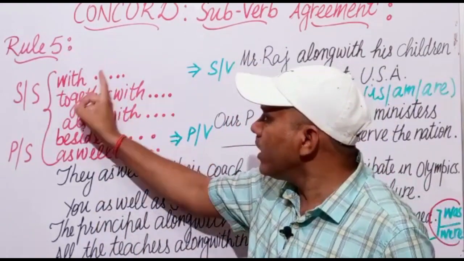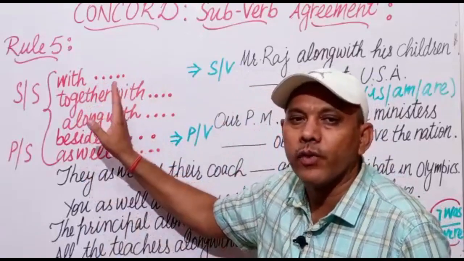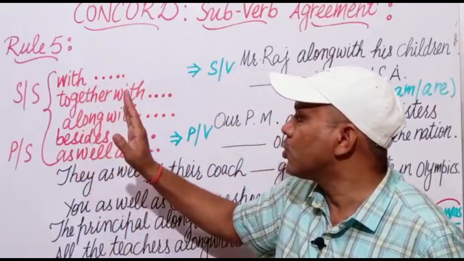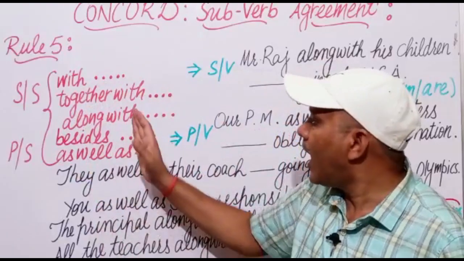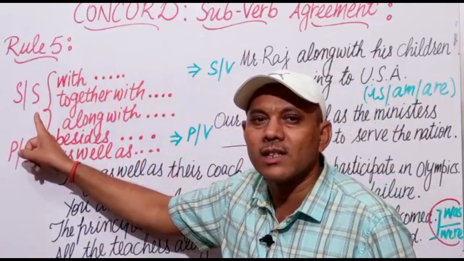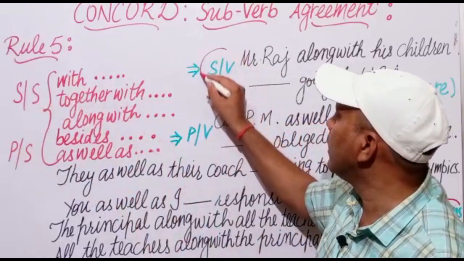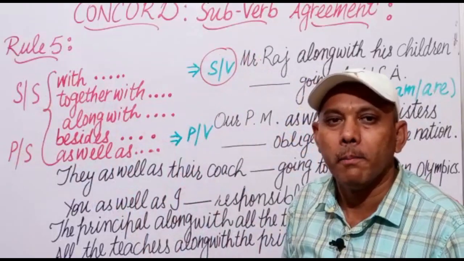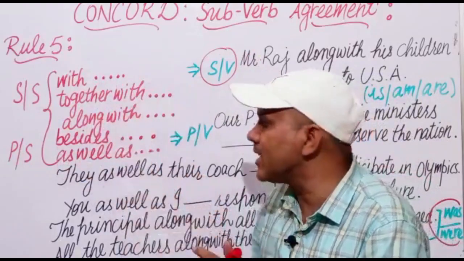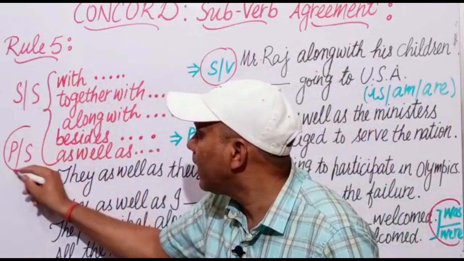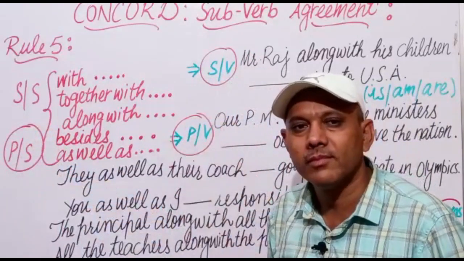In rule number 5, if these phrases with, along with, together with, besides, as well as are preceded by a singular subject in a sentence, use a singular verb. But if the same phrases are preceded by a plural subject, use a plural verb.